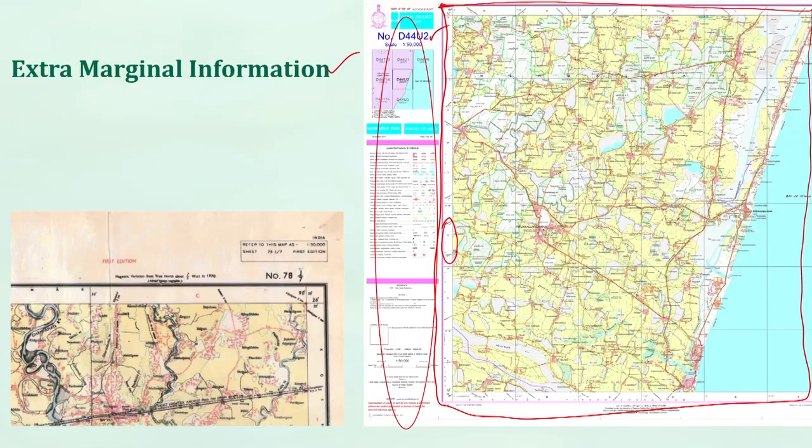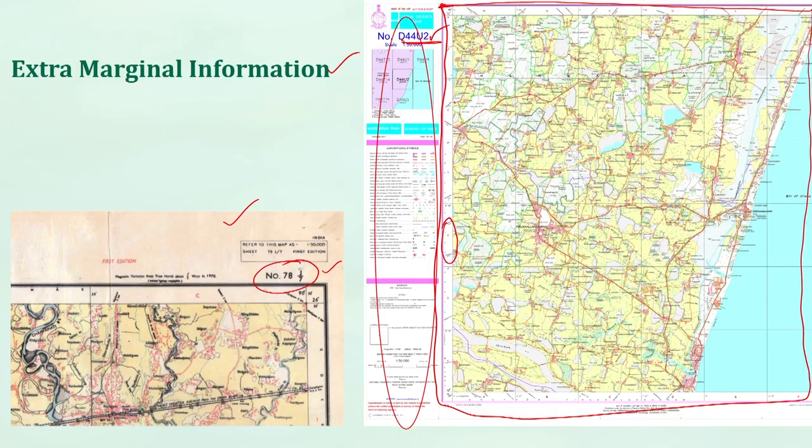Now, look at the screen, this is a hard copy topo sheet. See, 50,000 scale map. I want to convey again, the hard copy topo sheet is different from the open series map. Both have the same scale 1:50,000, this open series map is also 1:50,000, but this is numbered in a different way. You want to understand that difference.